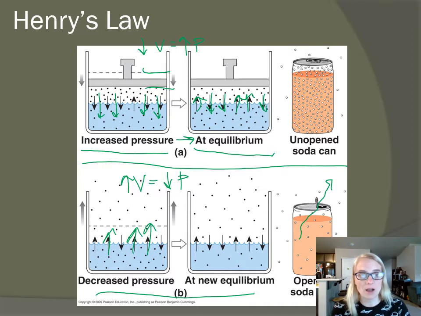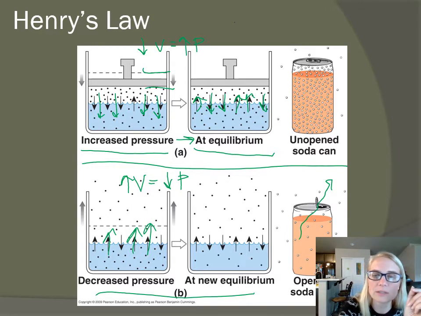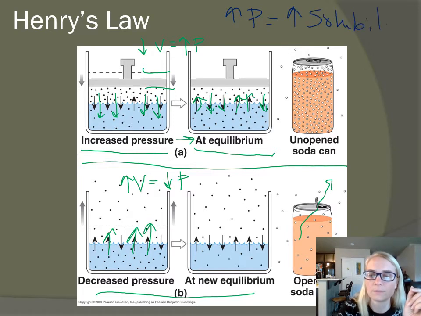So Henry's law, again, just to review, is dealing with the effects of changing pressure, usually by a volume change, right, because of Boyle's law. So changing pressure will impact the solubility of that gas. So if we increase pressure, that will increase the solubility. Okay.